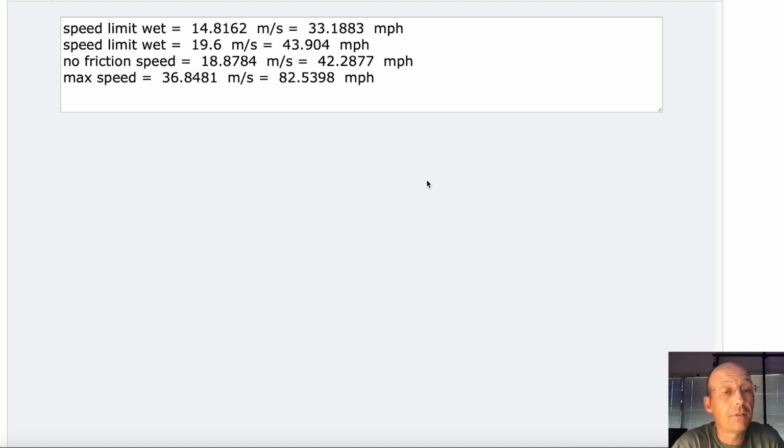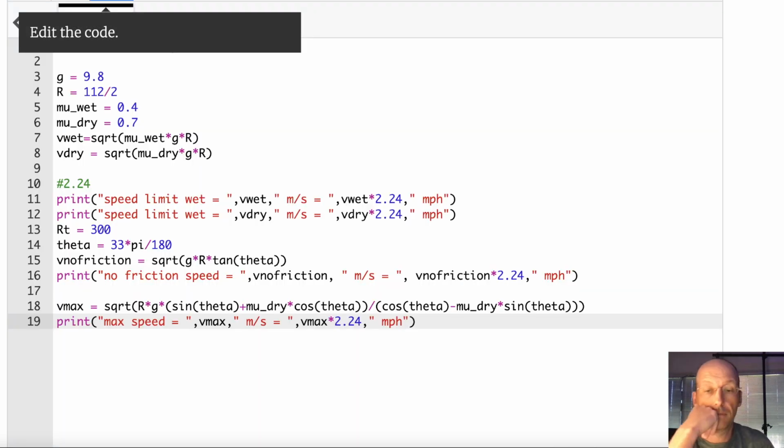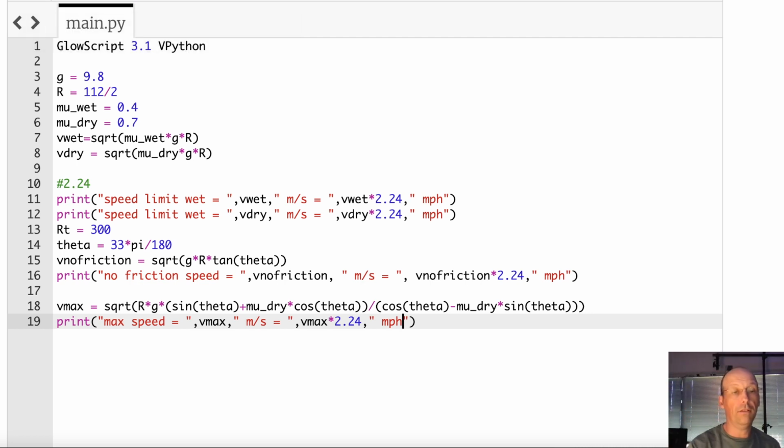Something's not right. I mean, they go faster than 82 around those curves. I'm pretty happy with my solution, but the numbers just aren't. Maybe I got my radius wrong. What if I make the radius 400?